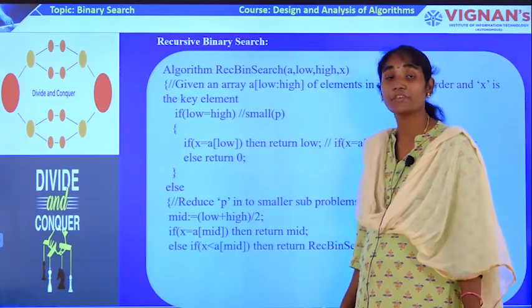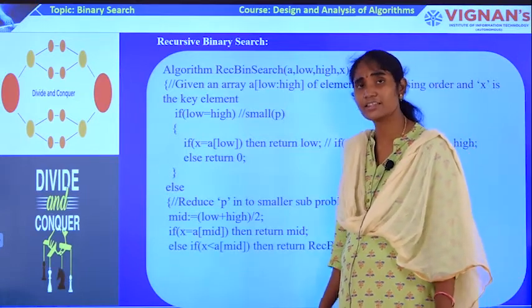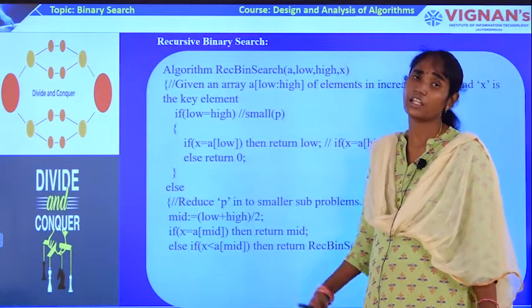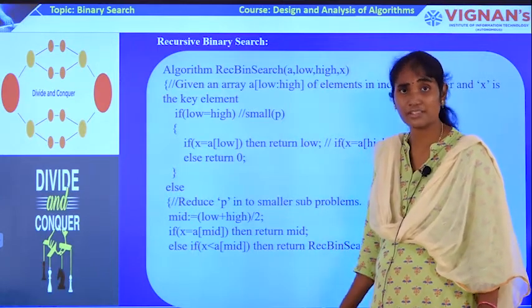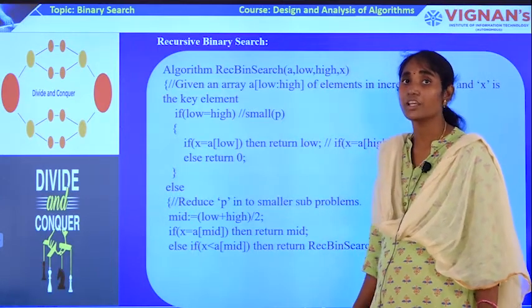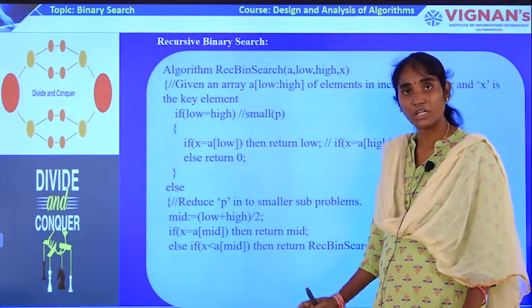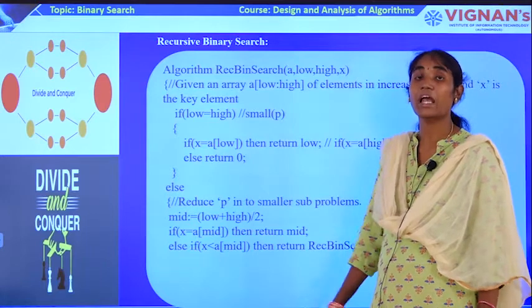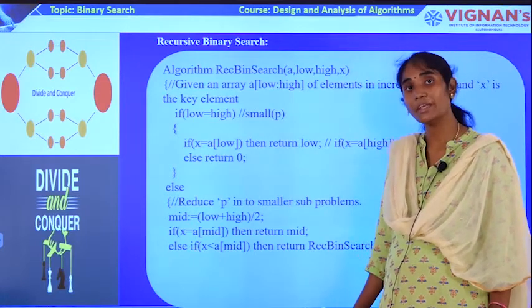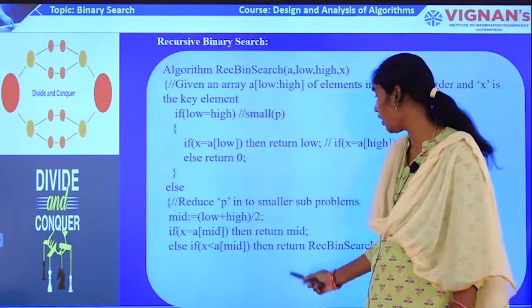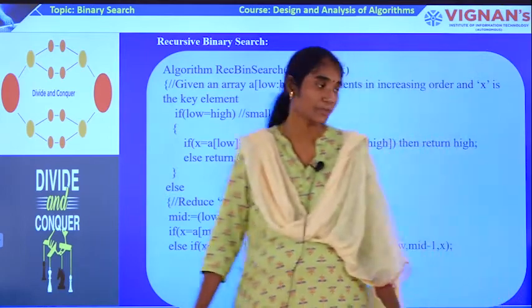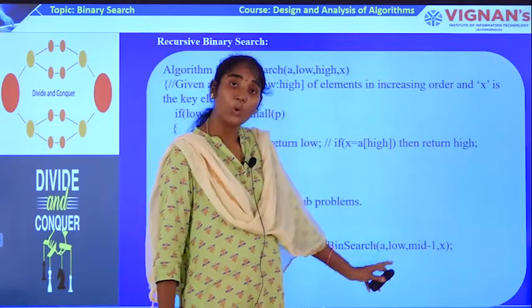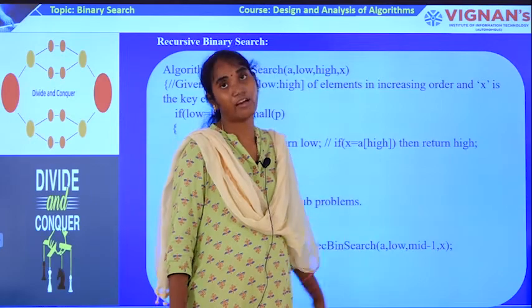Now else if x is less than a of mid, then I need to call the same recursive binary search procedure considering the left sublist, which means that the low remains the same and the high should be changed to mid minus 1. That's why I'm calling recursive binary search with a, low, mid minus 1 and x.